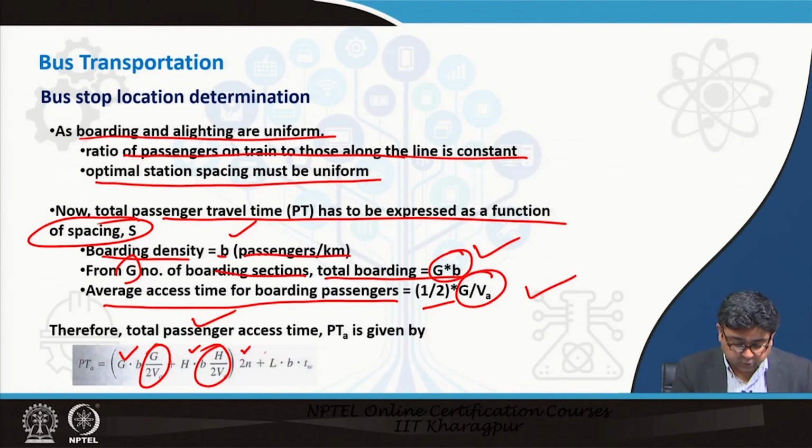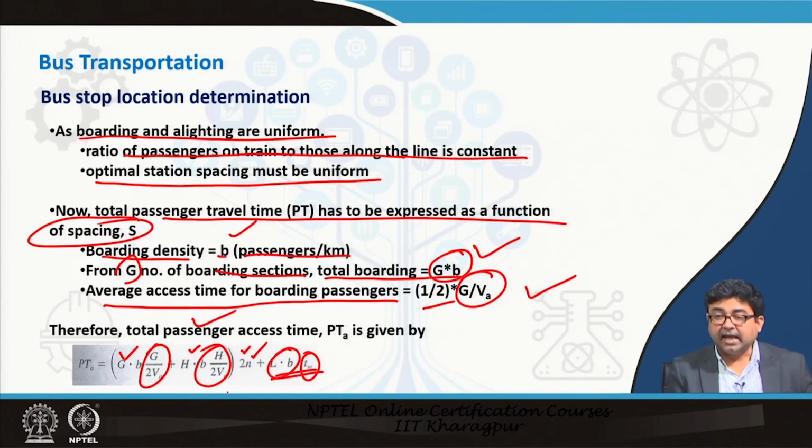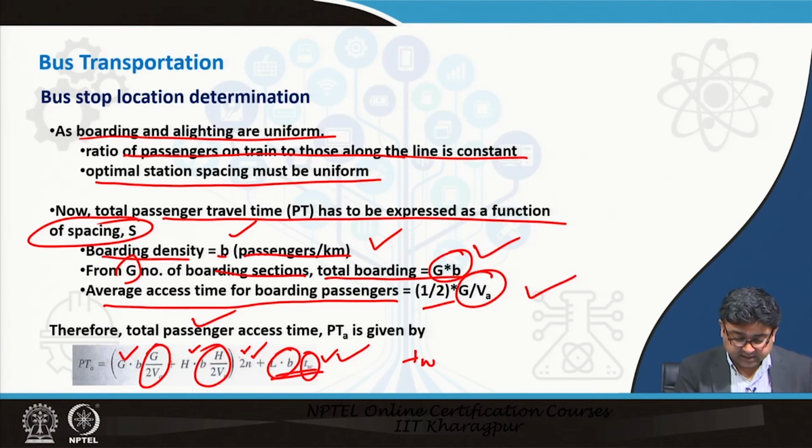So, you multiply it by 2, and there are n such sections. So, you multiply that by n, and then there will be the waiting time at each of those, the entire length of the section L. All these people have to wait for a certain amount of time, T w. That time plus the access time comprises P T A.